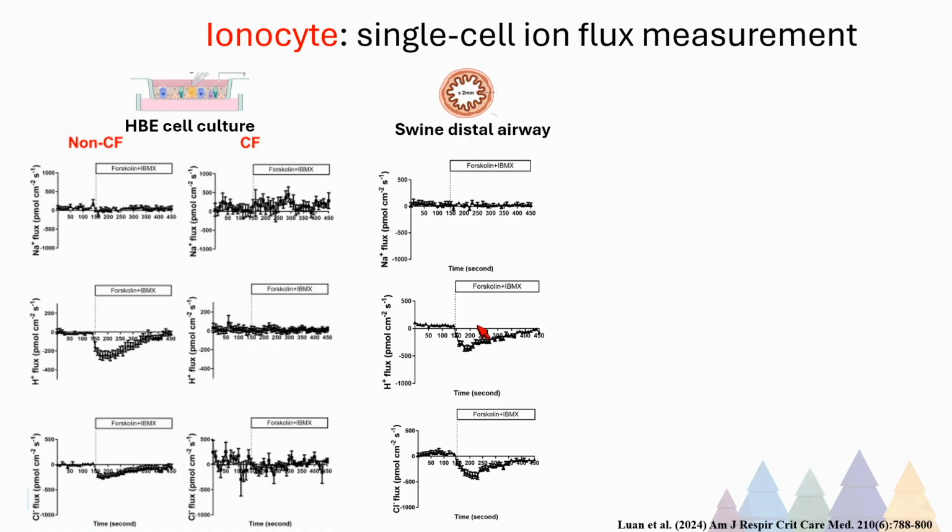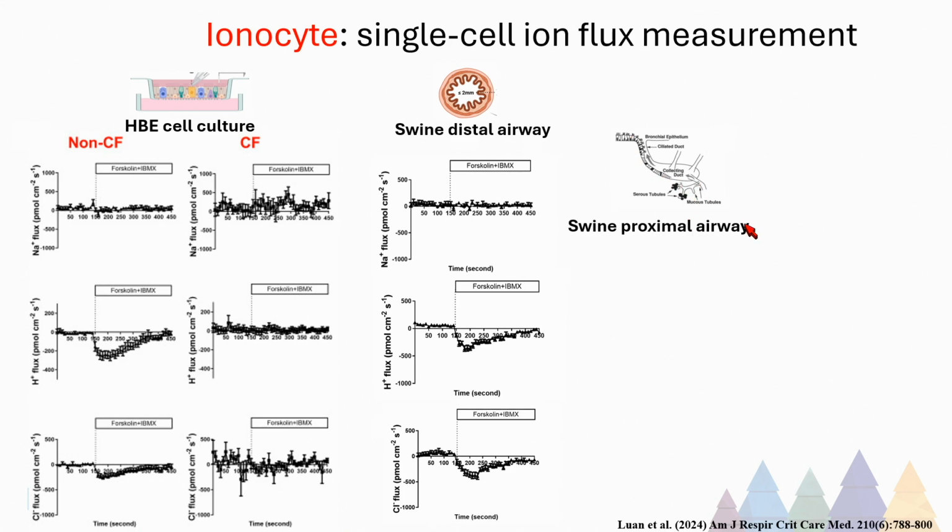Next, we thought the problem is that we are using distal airway, and the work published by Feng and Lei were upper airway, were trachea. So we started to work with trachea from the same pigs. So this is a cartoon from one of John Engelhardt's papers. We can measure in the surface epithelia up here, but we can also measure in the distal part of the gland.